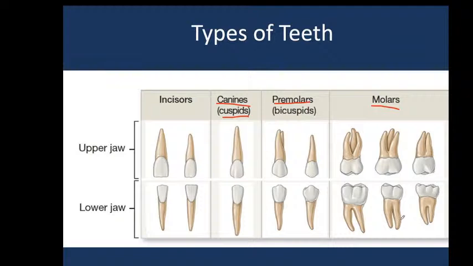And you see that molars in the upper jaw typically have 3 roots, whereas those in the lower jaw usually have 2 roots. So it is easy to differentiate these molars. If you see 3 roots, it is a molar from the upper jaw. If it is only 2, it belongs to the lower jaw.